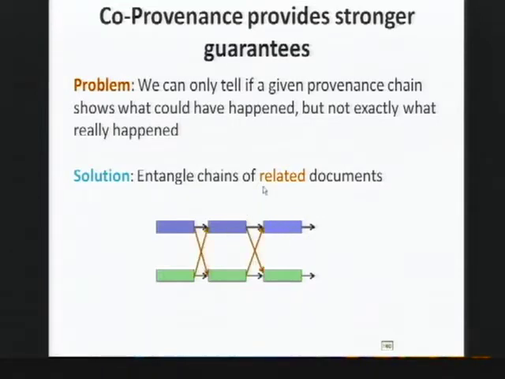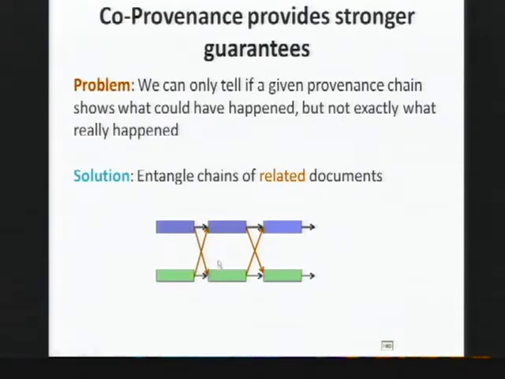However, if we do a variation of the spiral provenance chain I just described earlier, rather than entangling a document with itself, we entangle the document with other documents. So here, suppose that in this green entry, we include 2 checksums. One is computed from the previous green entry. The other is computed from the last blue entry.